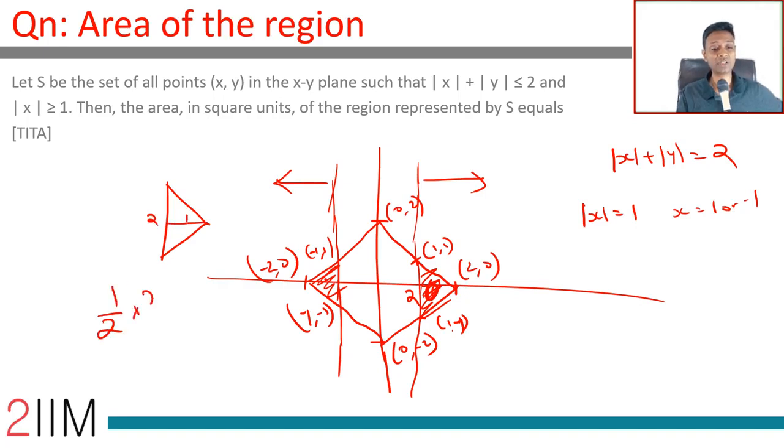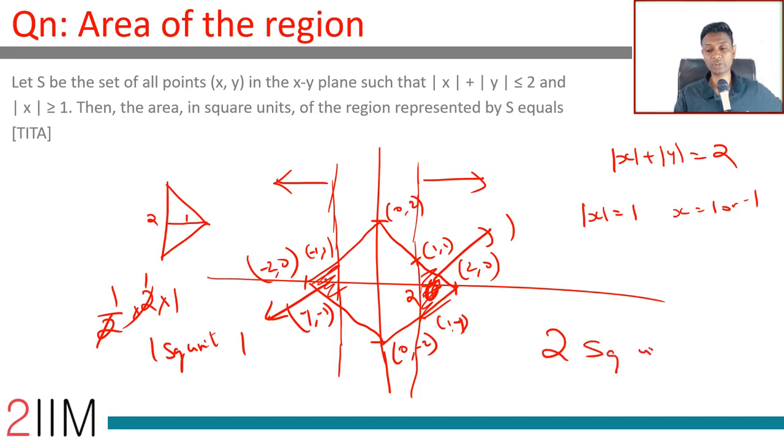Area would be half into 2 into 1. Just 1 square unit. Here there is 1 square unit. Here there is 1 square unit. The area in square units represented by S is 2 square units. Wonderful question. You need to be comfortable with drawing the diagram for this, imagining this, and then drawing the diagram, finding the shaded region, and then simplifying that.